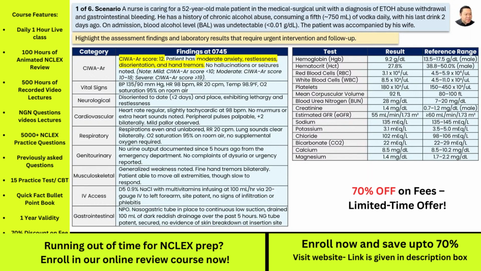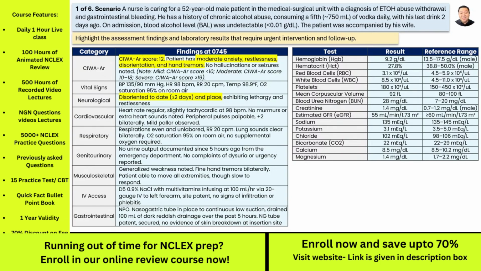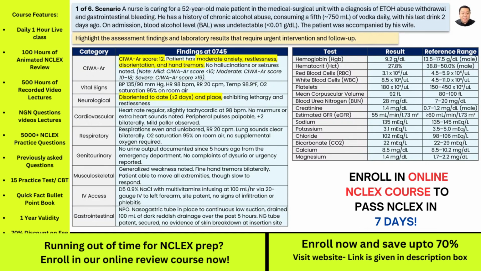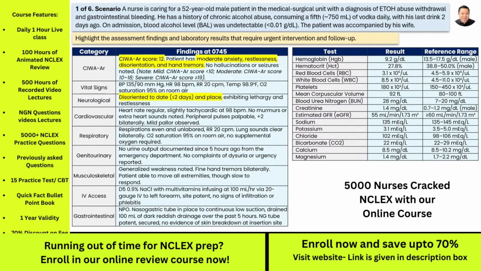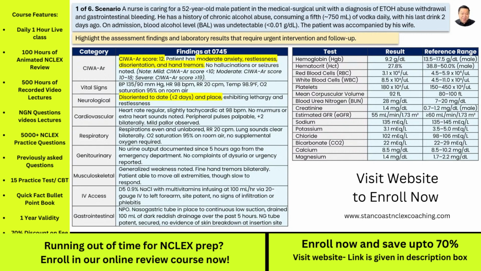Now let's shift into the next assessment. This is disoriented to date, equal to or less than 2 days, and place. So we are under neurological assessment here. This gives more detail about the patient's disorientation. Knowing that a patient is confused, not just in general, but specifically does not know the date or where they are, tells us that there is cognitive impairment, and that is very significant.